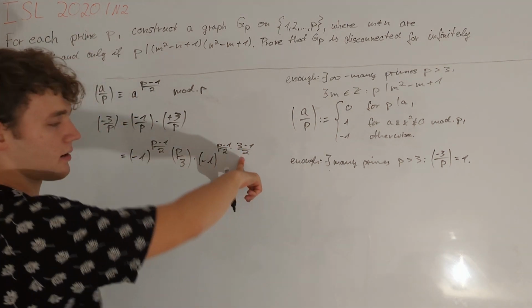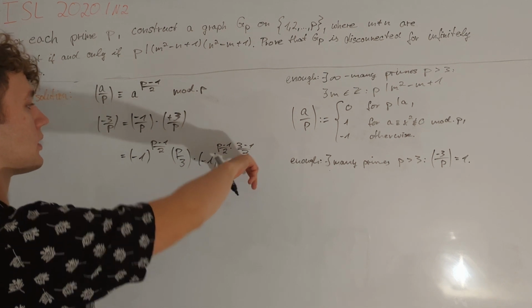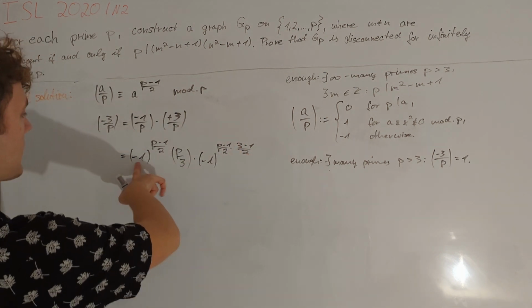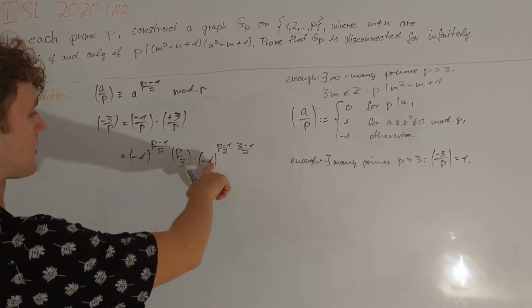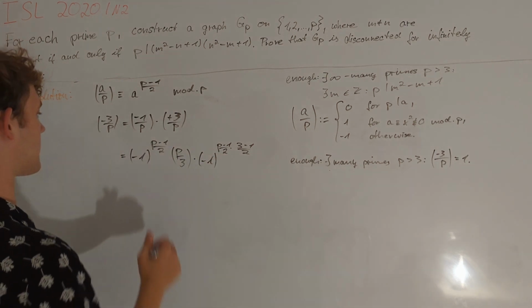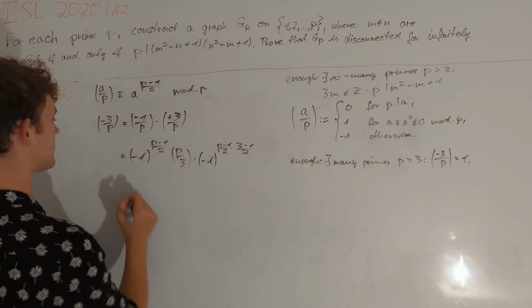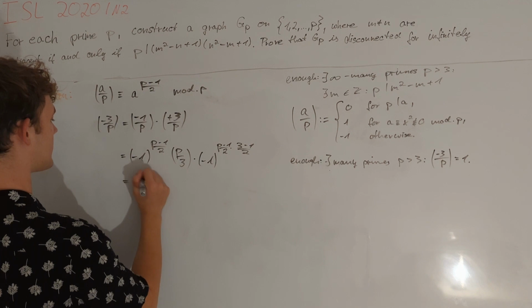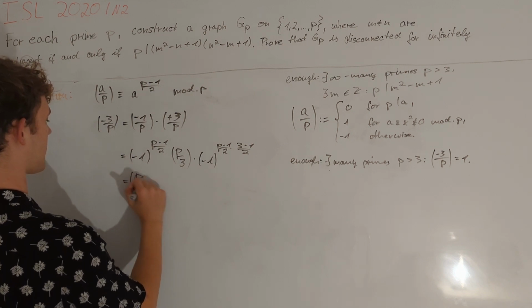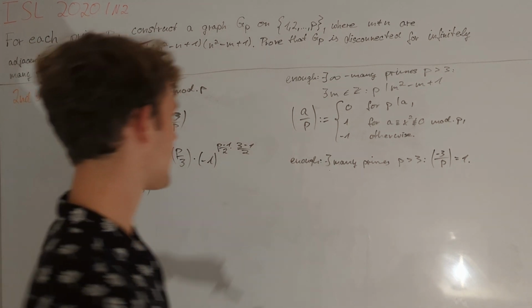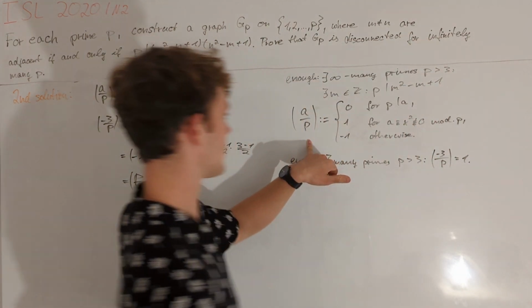We note that (3 minus 1)/2 is equal to 1, therefore this cancels, and we have (-1) to something times (-1) to the same thing, and therefore those two also cancel, and we are finally left with p over 3.